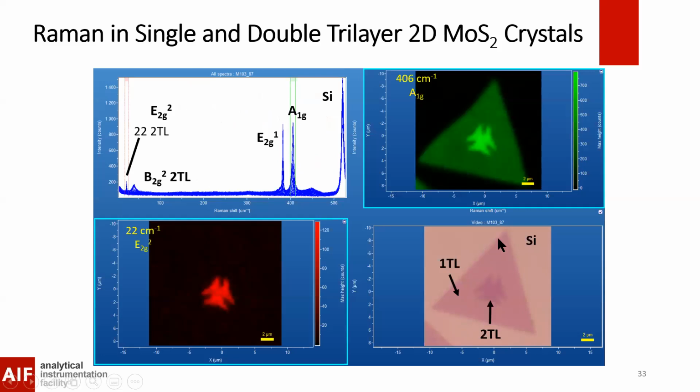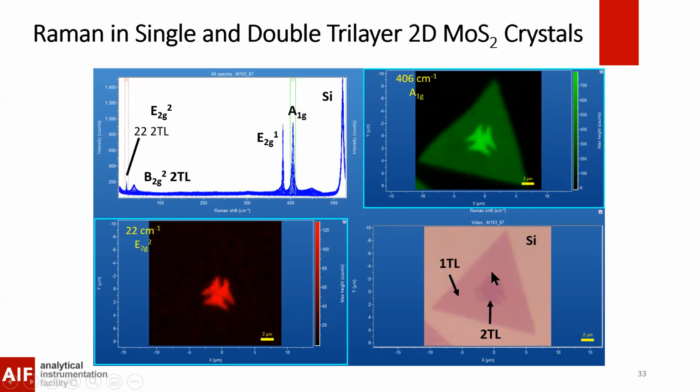The optical image shown here is a silicon substrate, and this big triangle is a single trilayer of molybdenum disulfide. And somewhere in the center, there is a little bit darker area, and that is actually two trilayer structures. So how could we define it? Using Raman imaging, we can take a spectrum from each pixel, and then we can identify the exact Raman spectrum from each position.